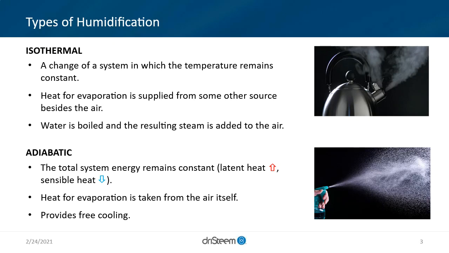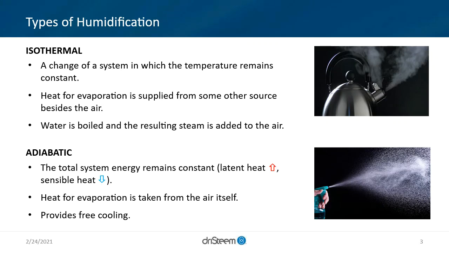Adiabatic, where high pressure atomization falls, is using the energy that already remains in the air to evaporate that water itself. A perfect example of this is what the picture depicts: a little mister. I see those all the time when kids are out on the soccer field, or the parents, etc. Another example would be hanging a wet sheet out to dry, and it naturally evaporates.